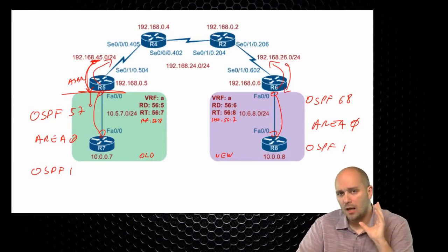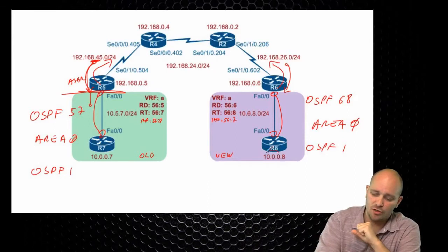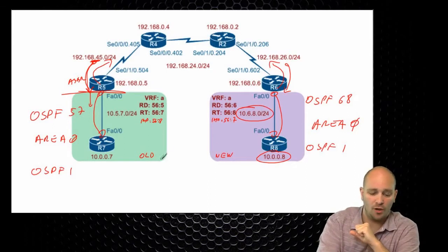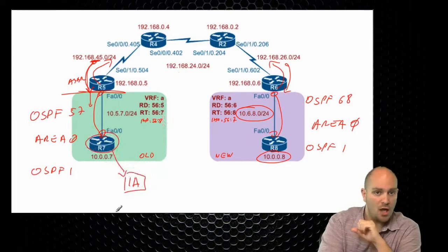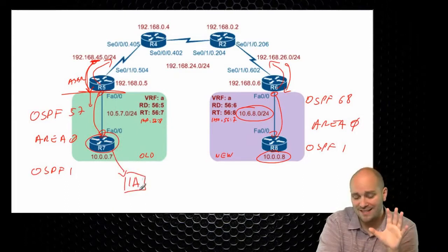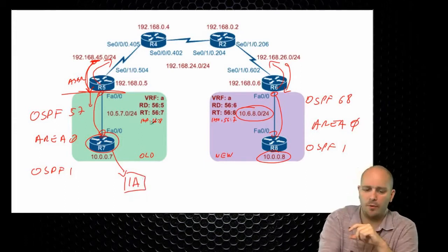Now, the task in the lab says, make sure that 10.0.0.8 and this route 10.6.8.0/24 is visible on R7 as an inter-area route. So not as an external route like we have now, but as an inter-area route. I can see a couple of problems with that.